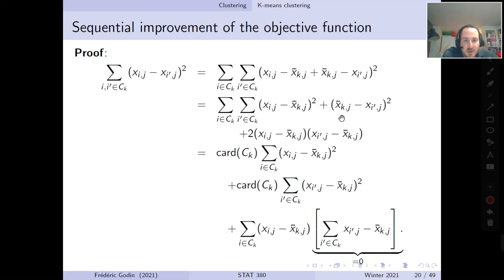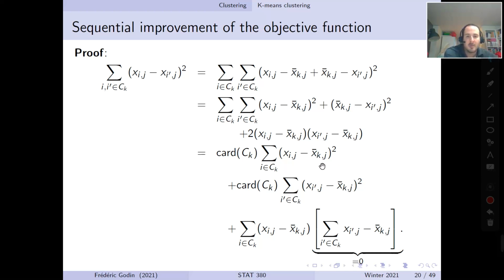Same thing here when we look at this term. When we sum that across all observations i, so we can interchange the order of the two summations, this is constant with respect to i, so it's simply the number of terms in the summation, cardinality of CK, times the sum of the square difference with respect to i prime.